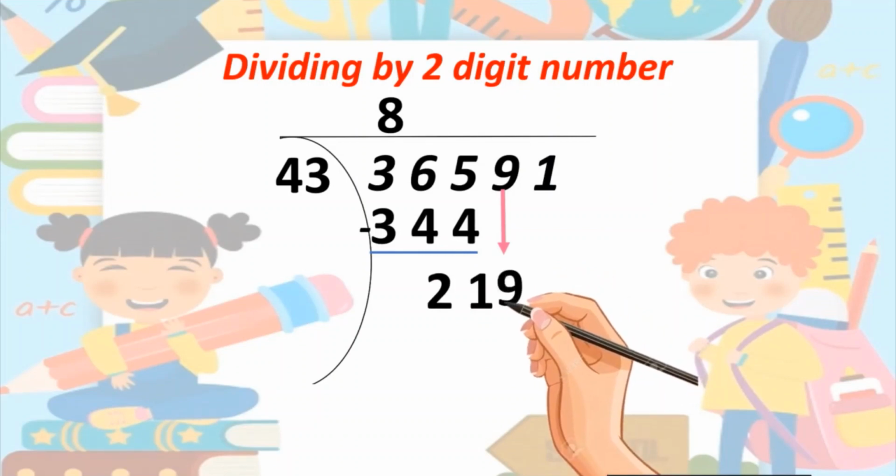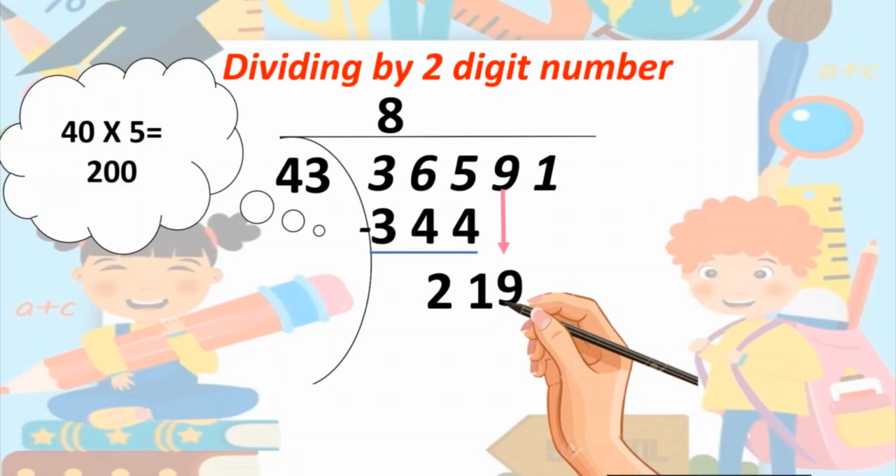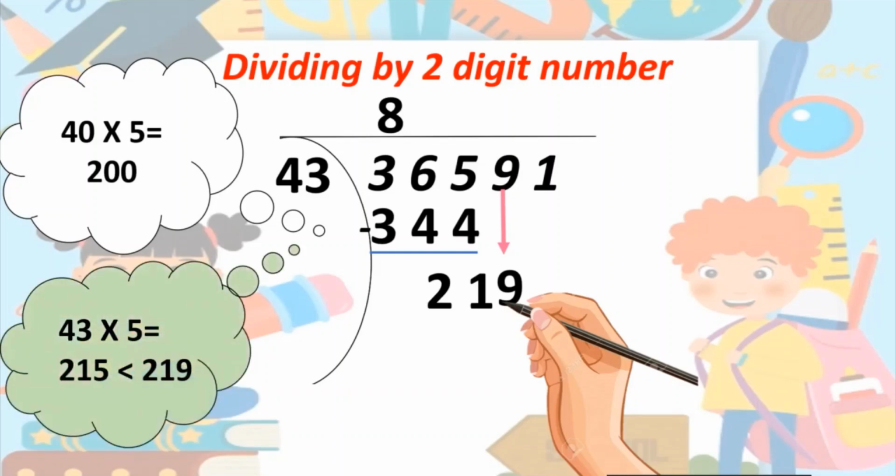So we bring down the next number, that is 9. So we get 219. Again we multiply 40 by 5 because 40 multiplied by 5 is 200, which is a number less than 219.